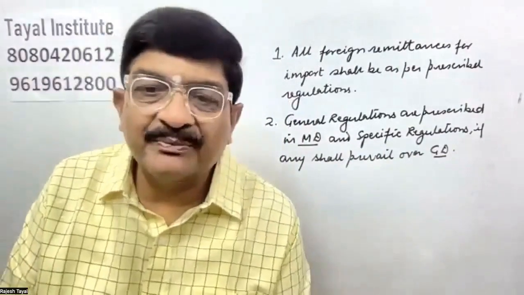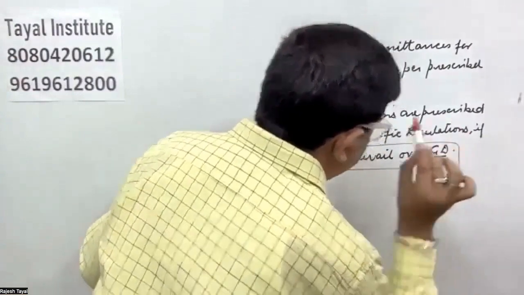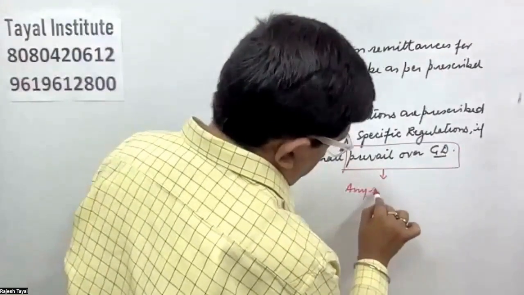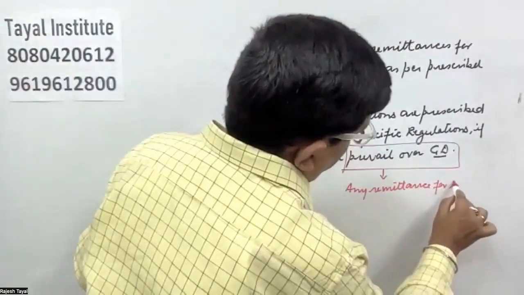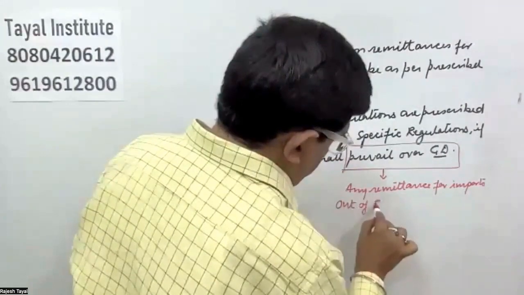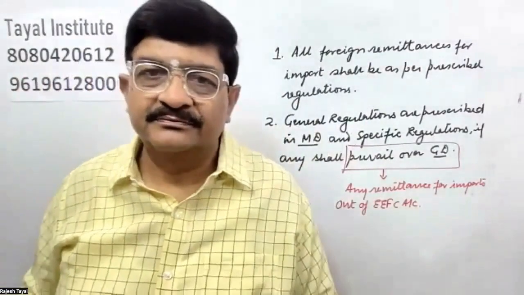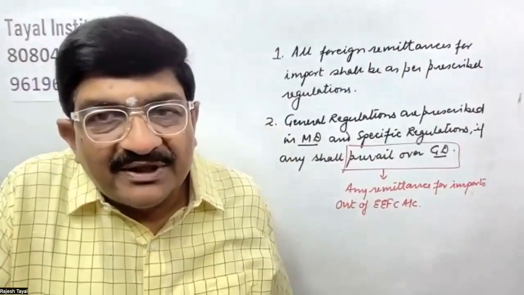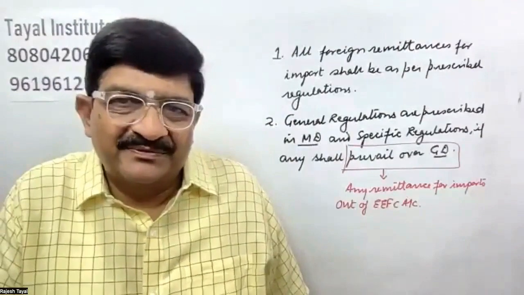Okay. Now take a very simple example. Any remittance for imports out of an EEFC account: whatever balance is available in EEFC in foreign currency can be freely utilized for import-export activities, right?